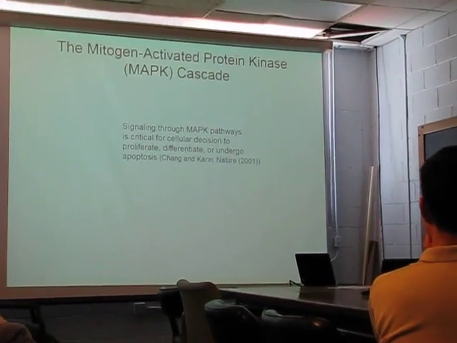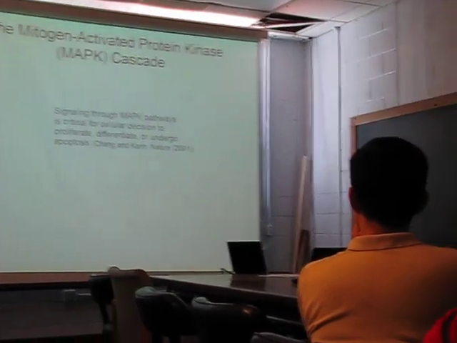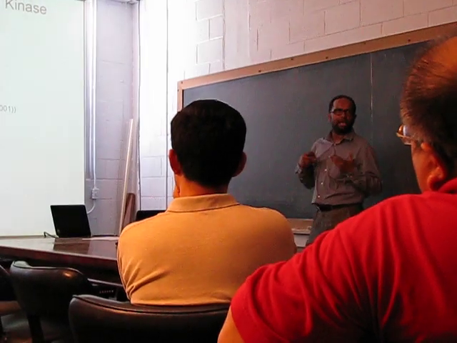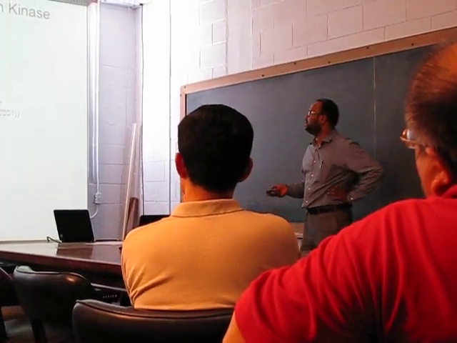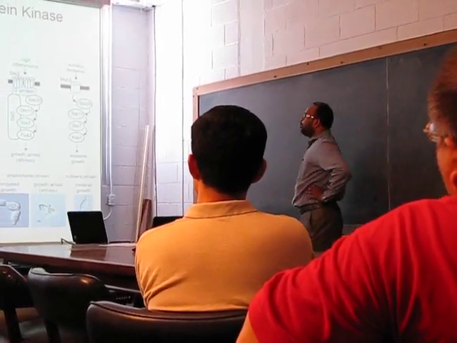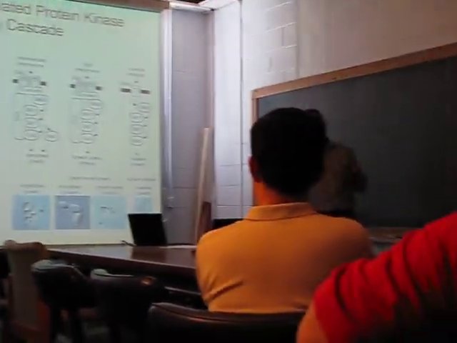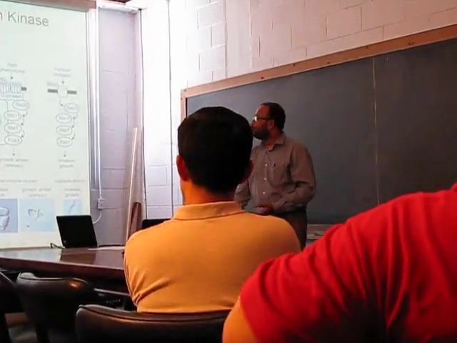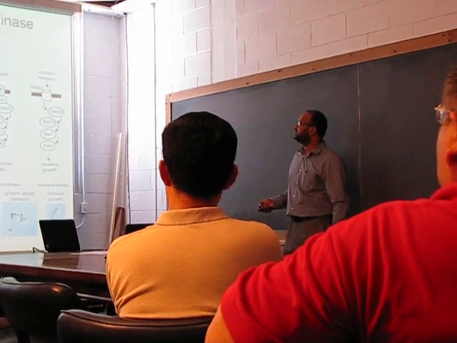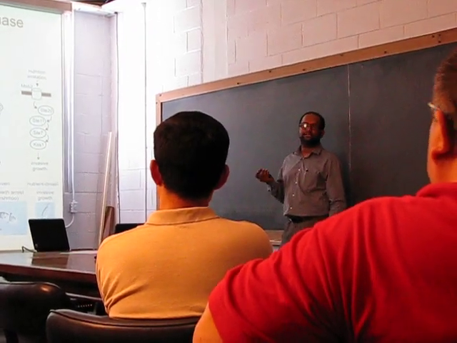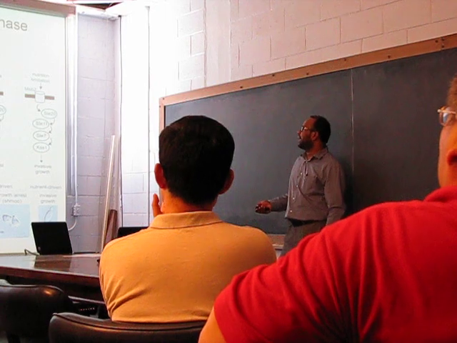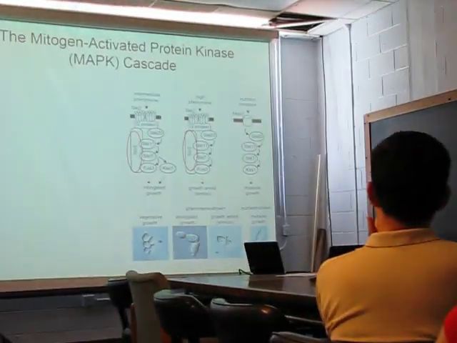Signaling through the MAPK pathway is critical for cellular decisions, as I already mentioned, all the cellular decisions. And why is our model novel? It is novel because we have incorporated a special protein, called scaffold protein, into our model. This is the scaffold protein, you can see.